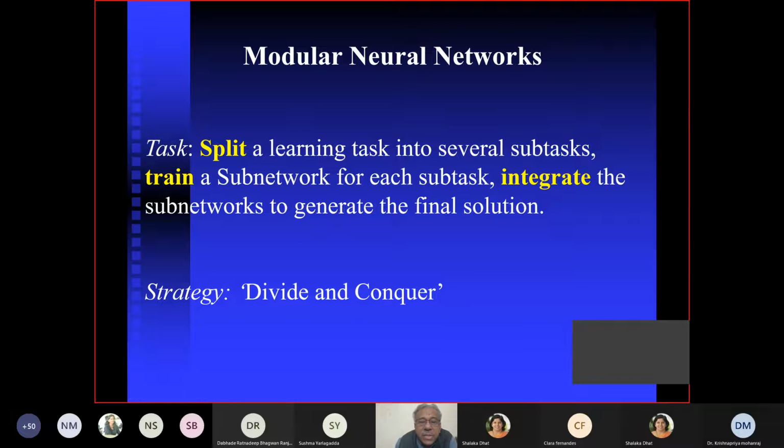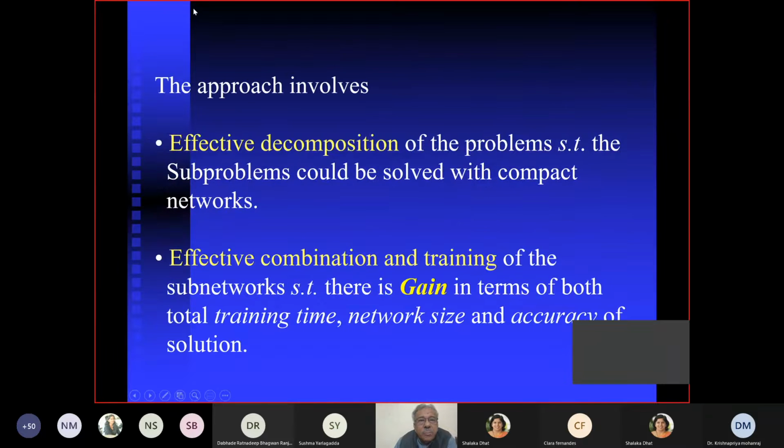So here the challenging issues come: how to split it and then how to integrate it. You want to get rid of one problem, but at the same time you are introducing some other problems which are expected to be less cumbersome. So the approach involves effective decomposition of the problem such that sub-problems can be solved with compact networks.